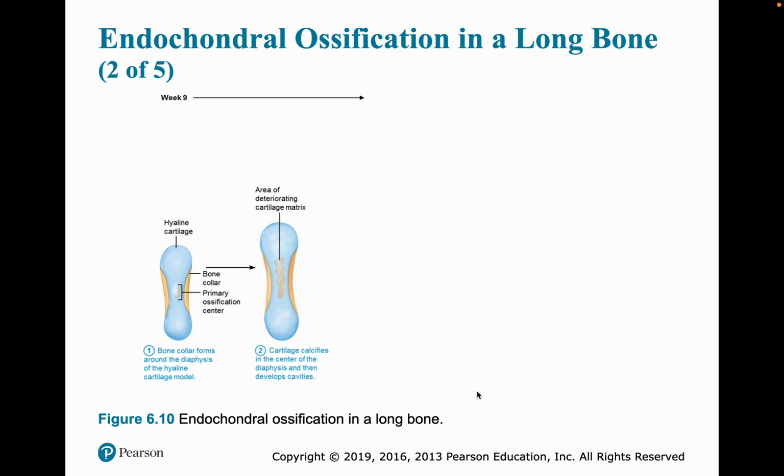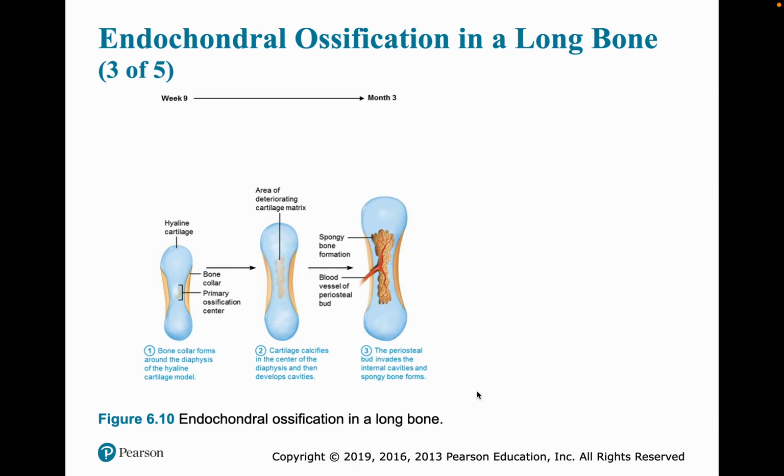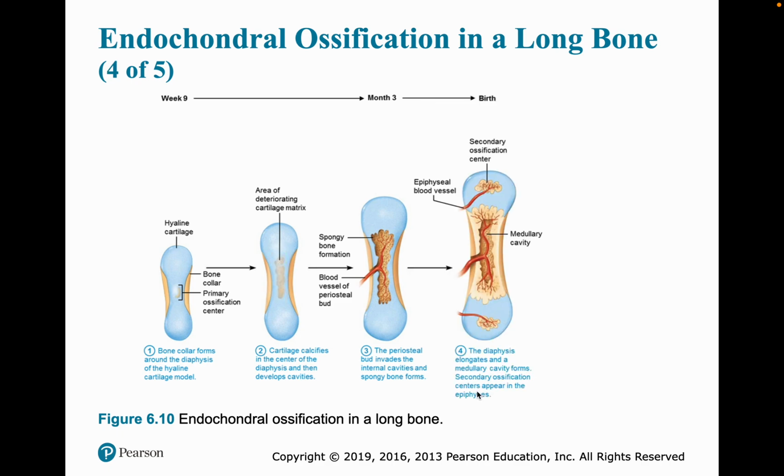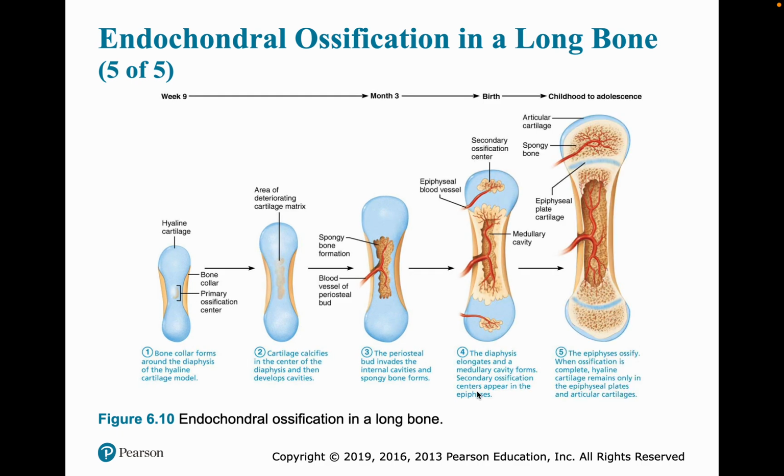We get cartilage calcifying in the center and the cavity developing, infiltration of blood vessels, nerves, and so on, until we end up with a bone that is as we would expect for a long bone.